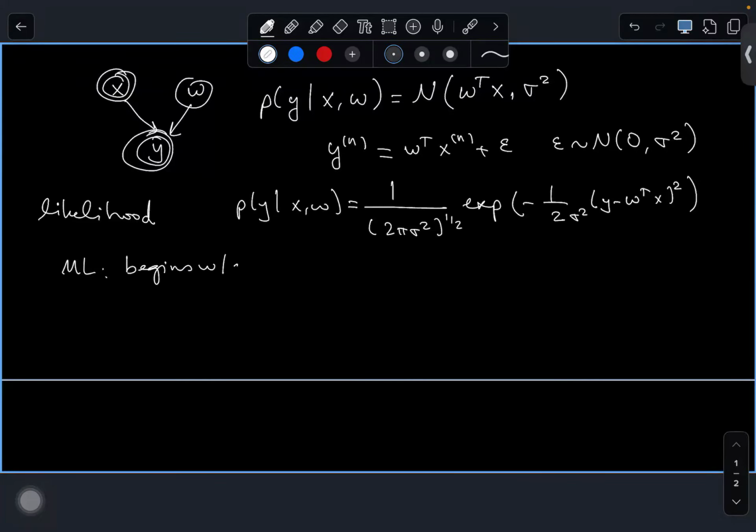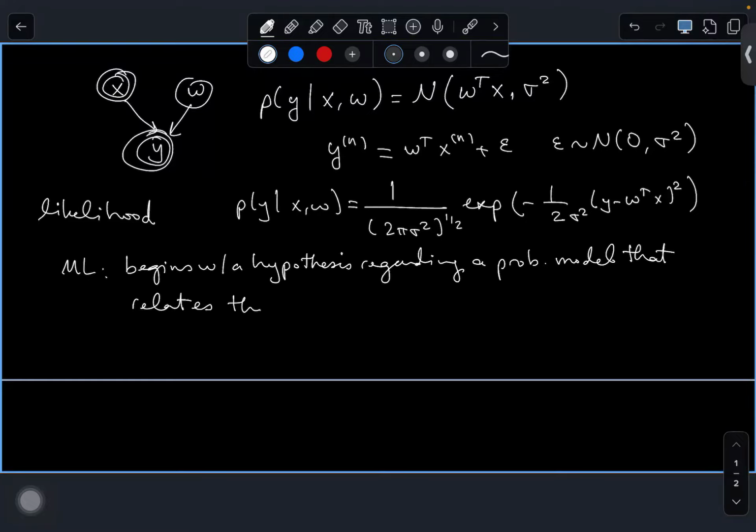So maximum likelihood begins with a hypothesis regarding a probabilistic model that relates things you can measure to things you want to estimate.